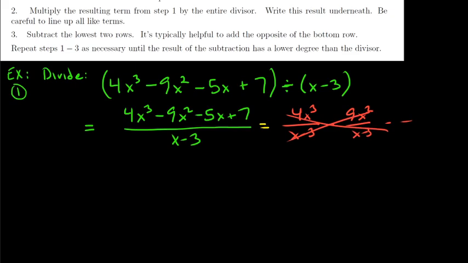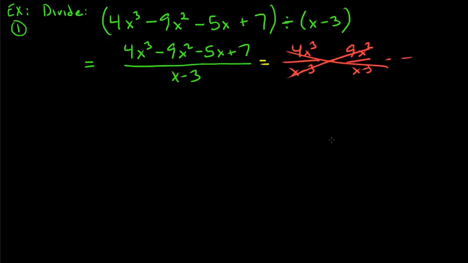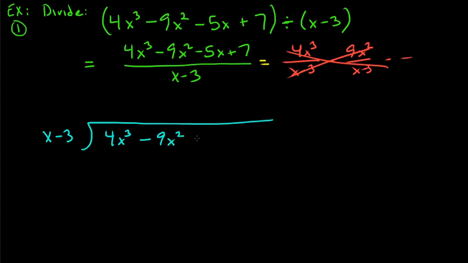So unfortunately, we're going to have to do this using long division, and this is long division up here. The denominator becomes the divisor. So x minus 3 is the divisor. That's on the outside, and we're dividing by x minus 3. So what are we dividing? We're dividing 4x cubed minus 9x squared minus 5x plus 7.